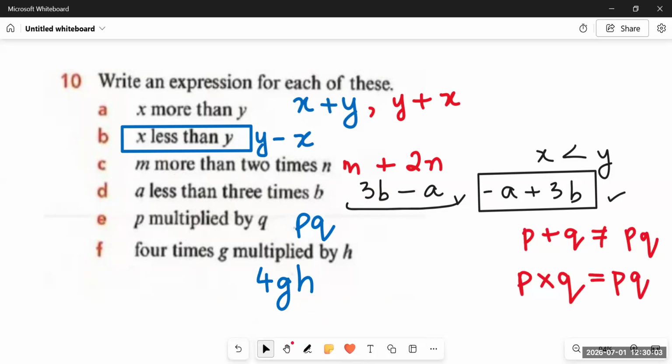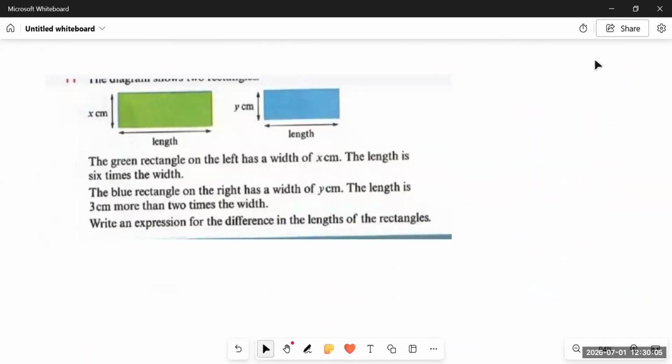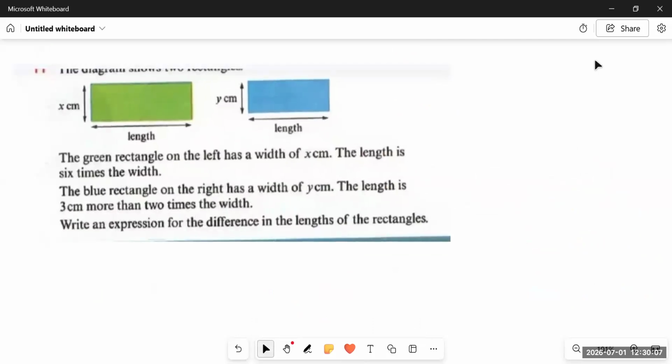That's all. Now, the last question of this exercise, where we are provided with two diagrams, shows two rectangles. The green rectangle on the left has a width of x centimeters as shown. Okay students, this is the width, and it is x centimeters. And then the length is 6 times the width.